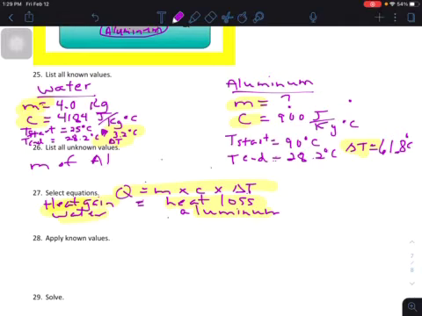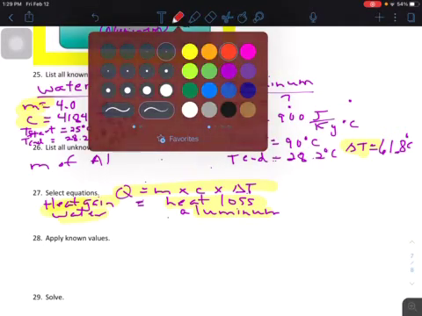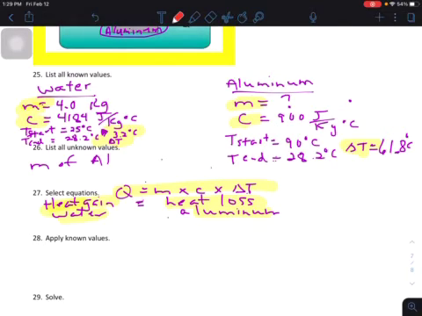So we're going to use this equation. Let's change our color here just to show you that our Q, our heat, equals mass times specific heat times change in temperature. That's for the water, and it equals the mass times the specific heat times the change in temperature for the aluminum.